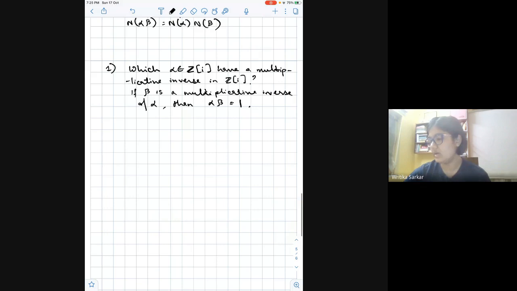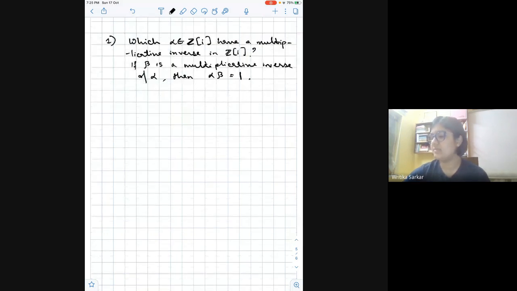By the way, I hope it's clear that the integers form a subset of the Gaussian integers, where the imaginary part is just 0.